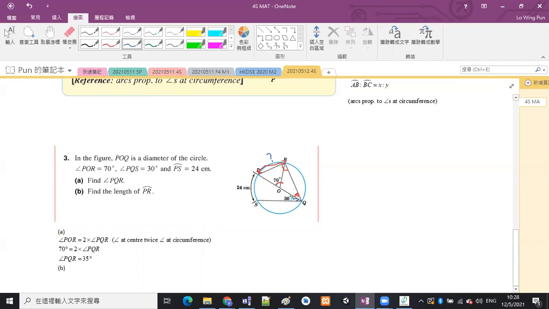Okay, this is an angle at circumference. And then arc PR is looked at by angle PQR and angle POR. One of them is angle at center, the other is angle at circumference. But for the 24 cm, we just have the angle at circumference. So we need to choose this angle at circumference to form a ratio.